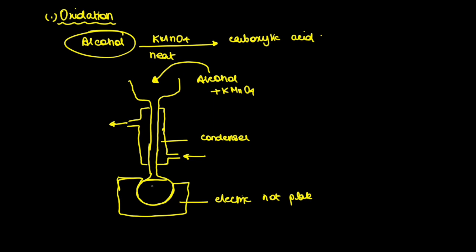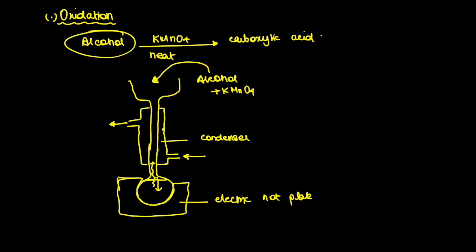As soon as I start providing heat, the vapors try to escape. But when they reach the condenser, they condense, and they start to come back inside the round bottom flask. This happens until the temperature is hot enough for alcohol to react with potassium manganate and form carboxylic acid.